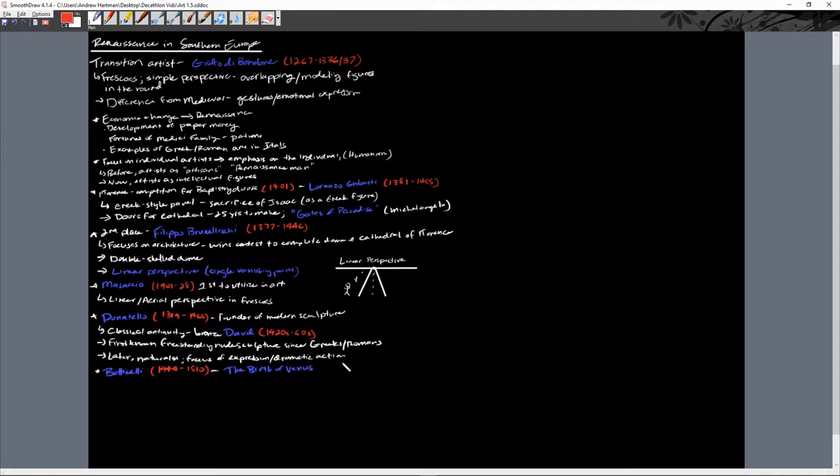He created it around 1482. That's what the C means, circa, which means around. It establishes the image of female beauty for art for centuries, really until the 1900s or so.